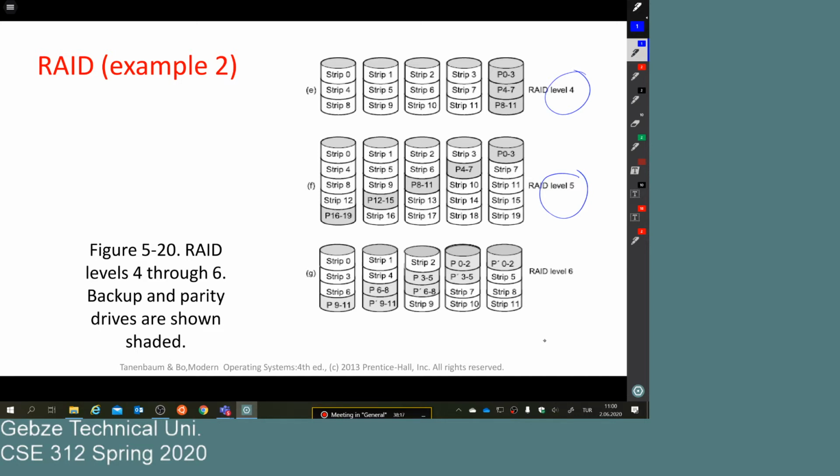Okay, I can do the same thing with RAID level 4 too. I mean, if this one crashes, I can get the data from parity. Yasin, I did not get what you mean by separated among the strips.